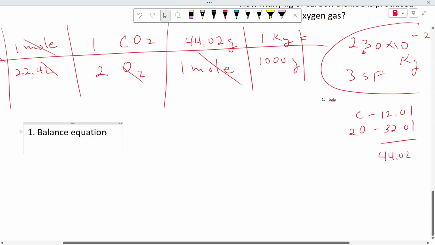Okay, so balance any equation. If there's no chemical reaction involved, you can skip this step.